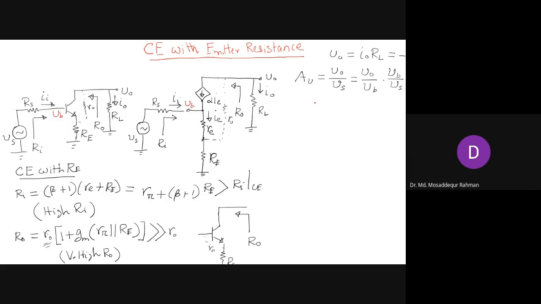Now we have determined V0, and VB is the voltage from the base point to ground.